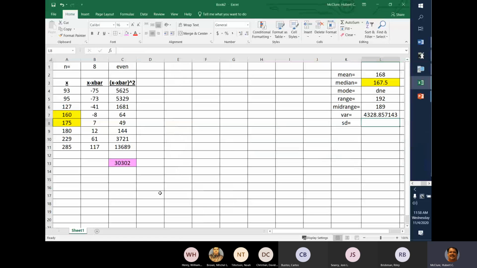And now I'm going to take the square root of that, or raise it to the 0.5 power.